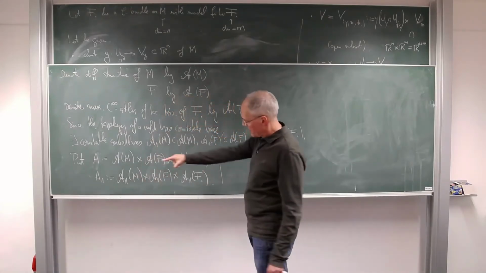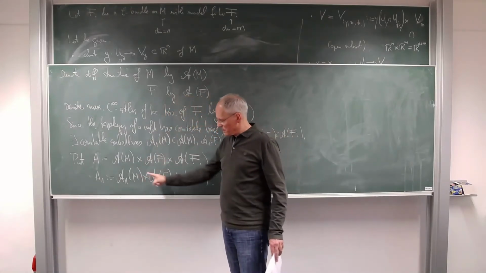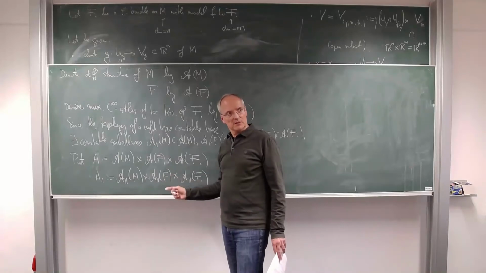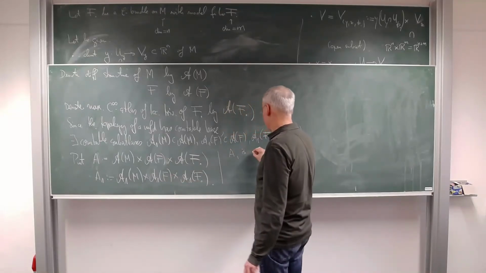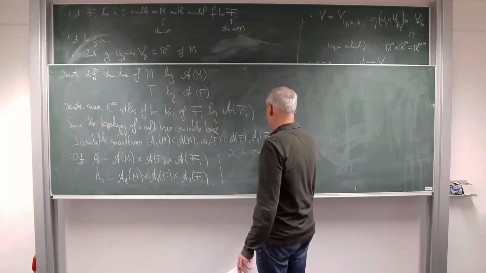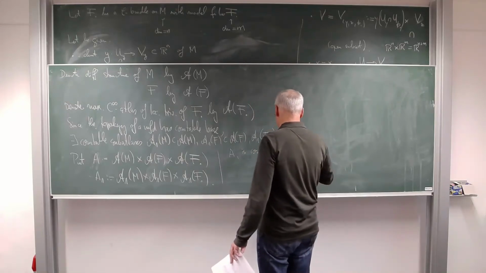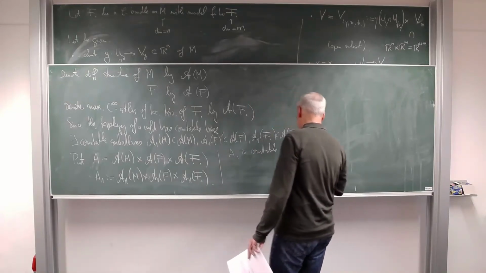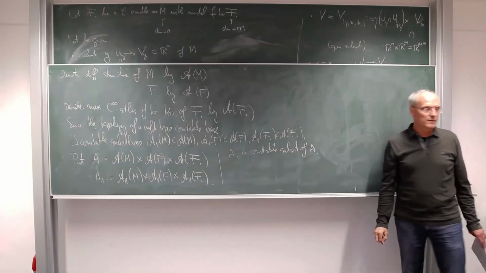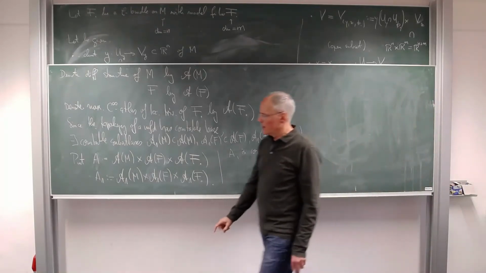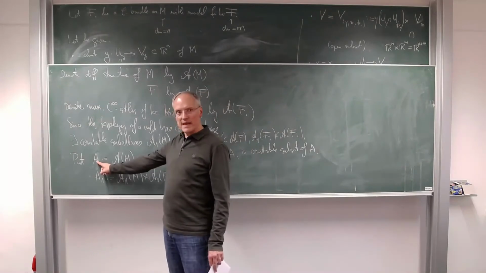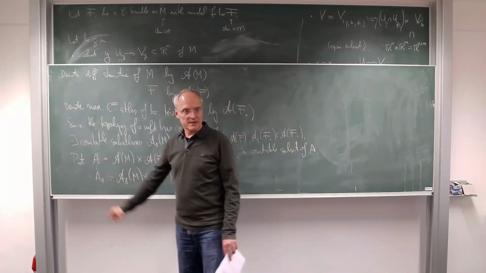This Cartesian product of countable sets is again countable. So A1 is a countable subset of A. So this is exactly the notation from the theorem from the beginning of the lecture. We had an index set for our charts, A, and a countable subset for that.